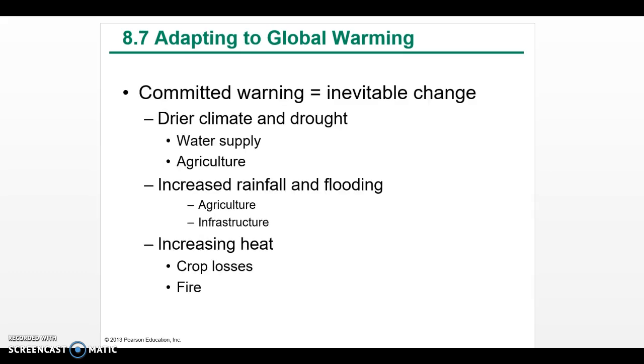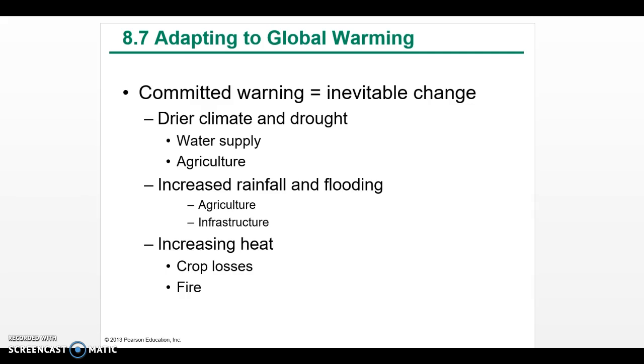Ways that we can adapt to climate change: this means we accept that there is inevitable change, which I believe is where we are. If the current administration doesn't embrace climate change and change their beliefs on it, then we will just have to learn to adapt. We'll have to understand that some areas are going to become drier.